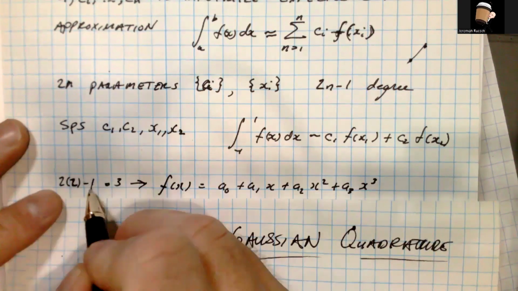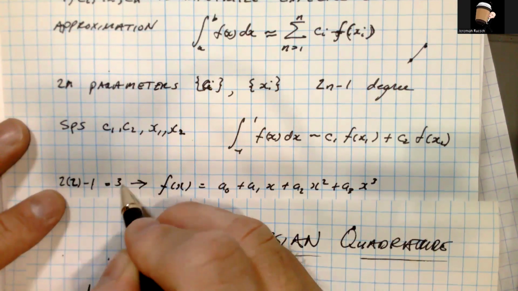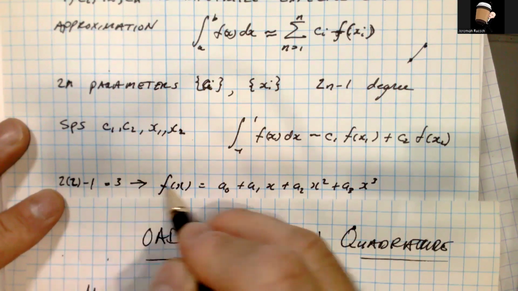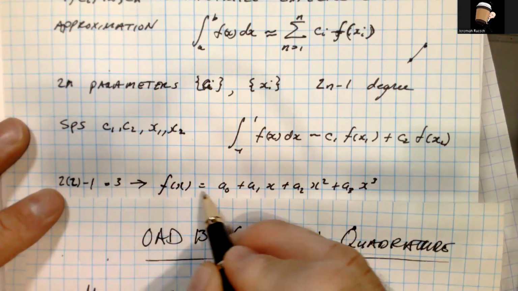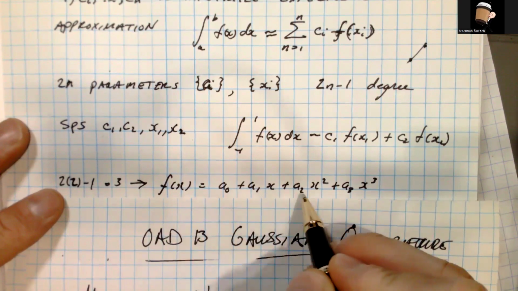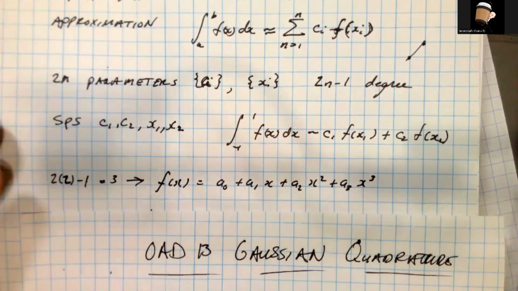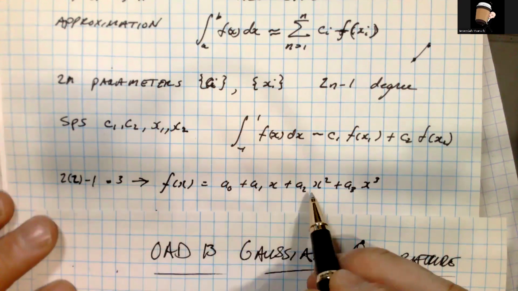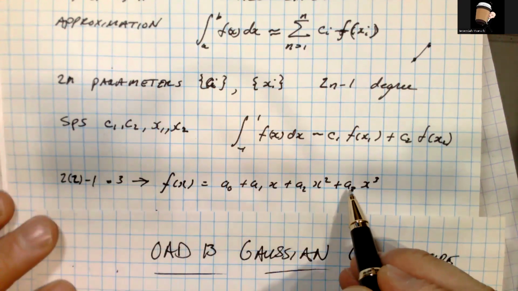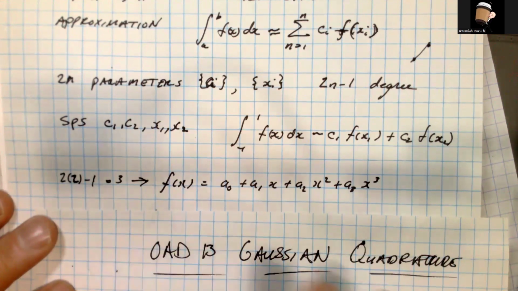So that's going to give us 2 times 2 minus 1, so we're going to get a third degree polynomial out of this, which means f of x is equal to a0 plus a1x plus a2x squared plus a3x cubed. So you can see we have 1, 2, 3, 4 unknowns there.